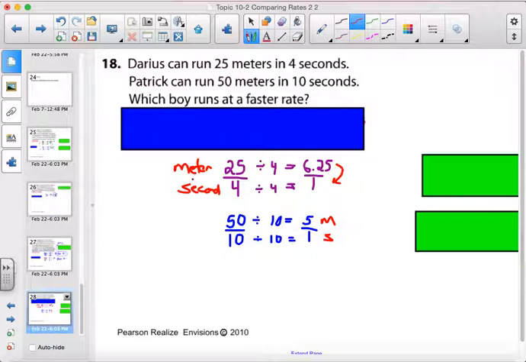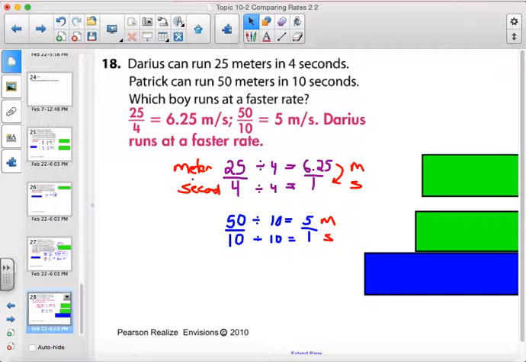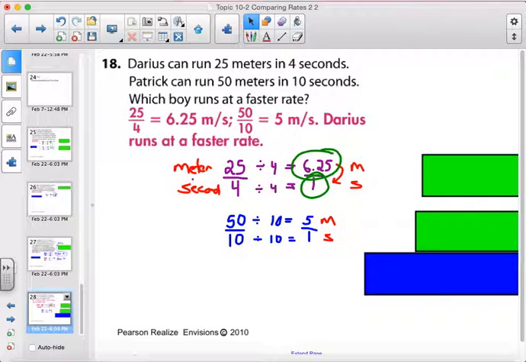Darius would be 6 25/100 of a meter for every 1 second. And so you can see in this case that Darius is running faster. The reason he is running faster is because he is going a farther distance in the same amount of time.